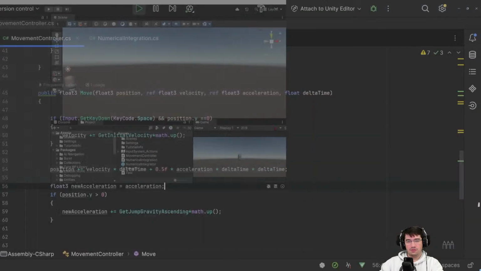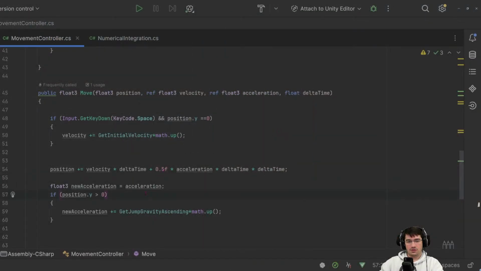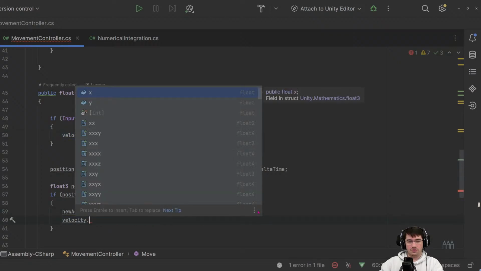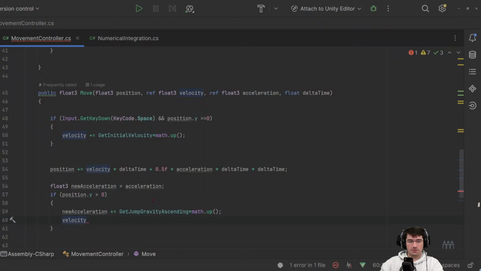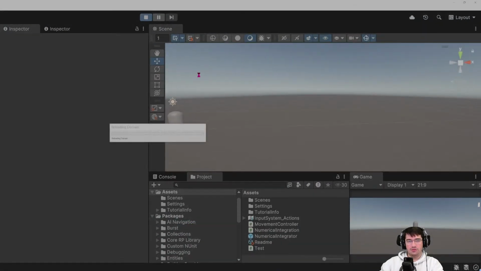And I need, when I hit the ground, to set the velocity dot y equals 0. Otherwise it's getting below the ground.